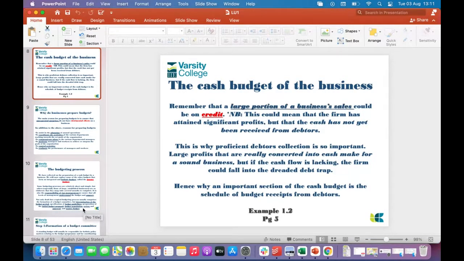Hence, why an important section of the cash budget is the schedule of budget receipts from debtors, okay? So we did do a bit of budgets in 2A, sorry, where we did the budget receipts, and there we were seeing how much money would be realized in each month.